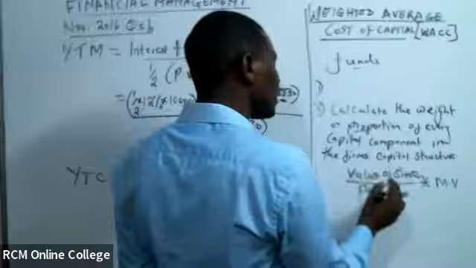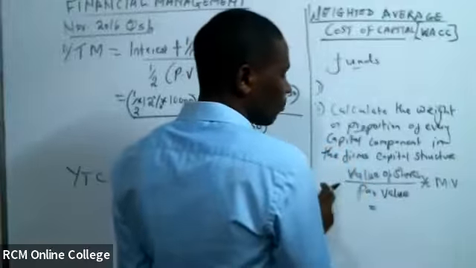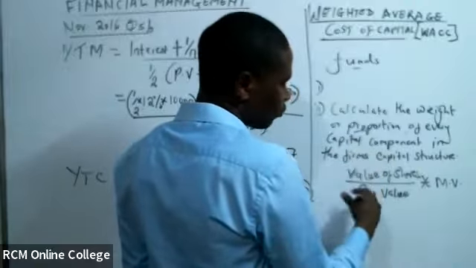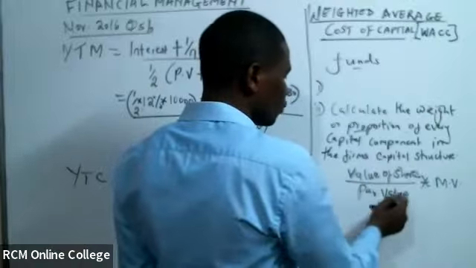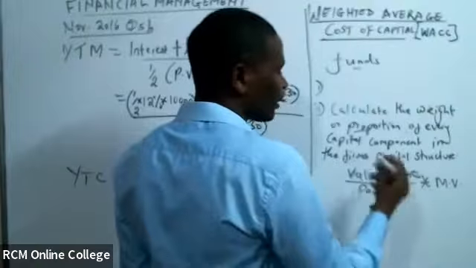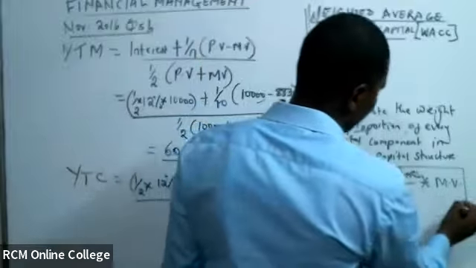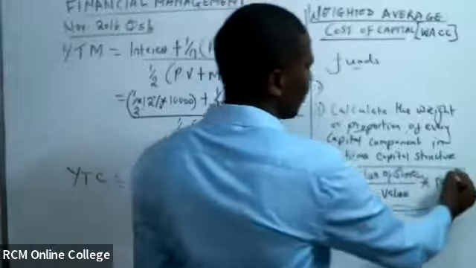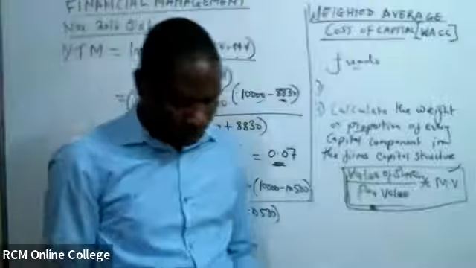If you're dealing with the ordinary share, you get the total value of that component. Once you get the total value of that component, you add the other components, all of them. Now you start getting your proportion. So the value of shares divided by the par value, then you multiply by the market value. That's very important to note.